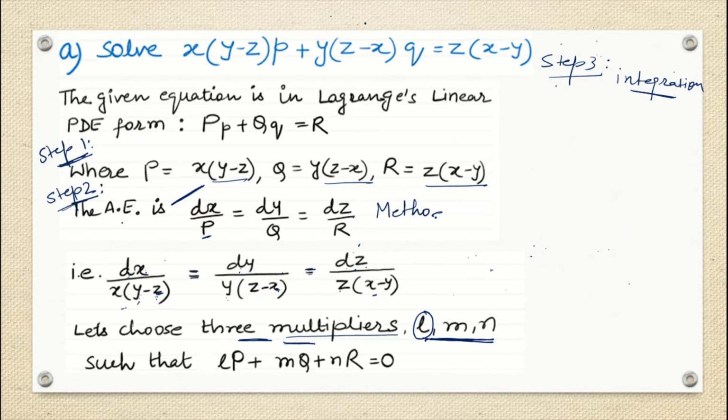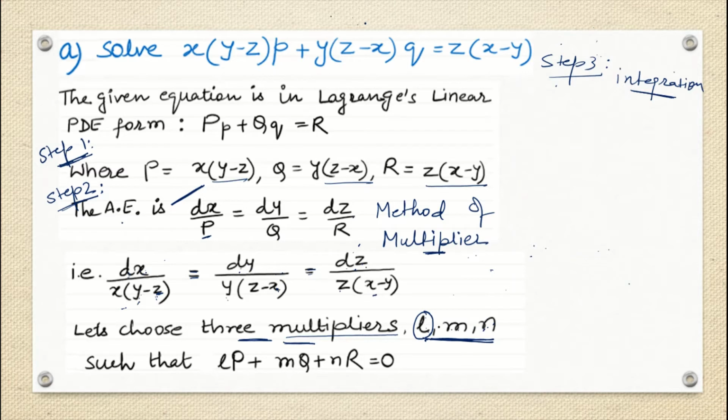Okay, so now we are going to discuss what this method of multiplier is and why we are actually calling it a multiplier. The reason is, here we will be taking 3 multipliers. Any name, suppose the names given here are L, M, N, 3 multipliers we are going to choose. Those L, M, N can be constants, fine.